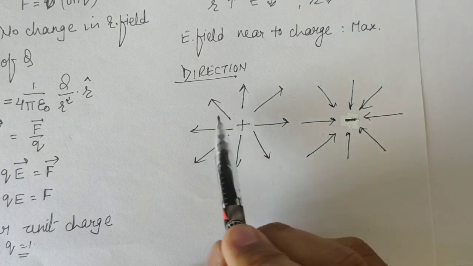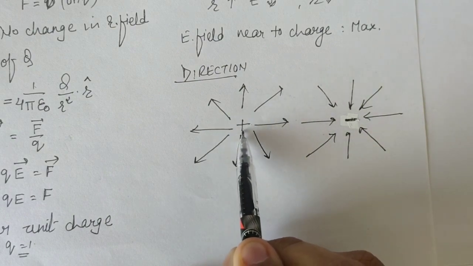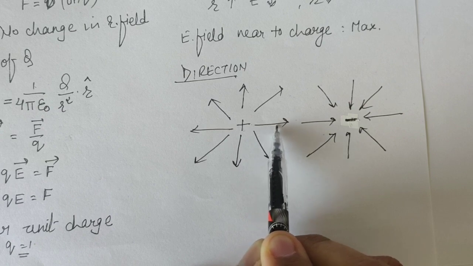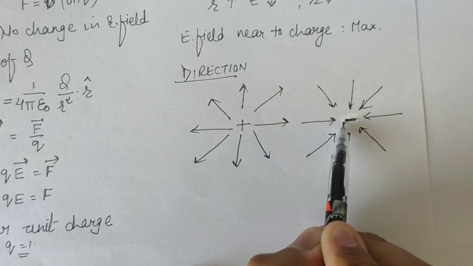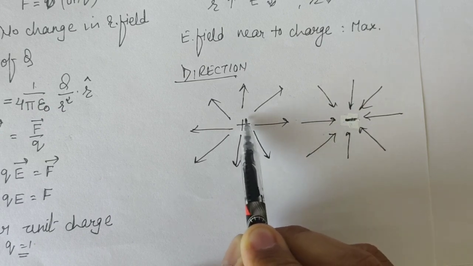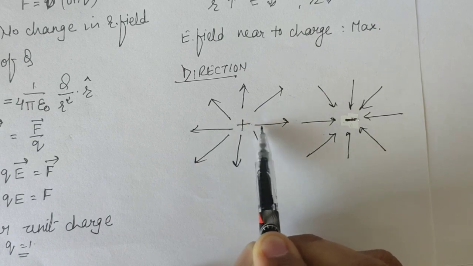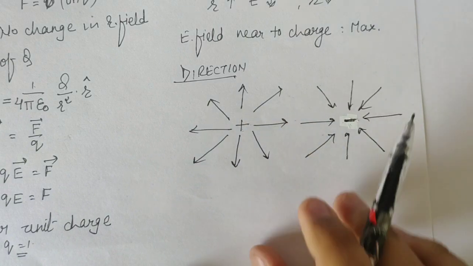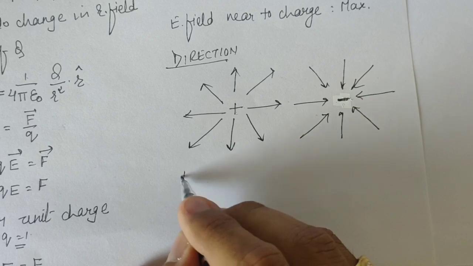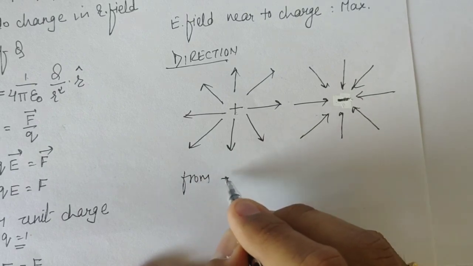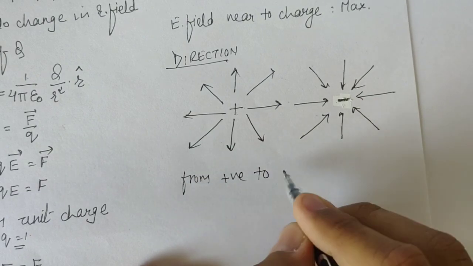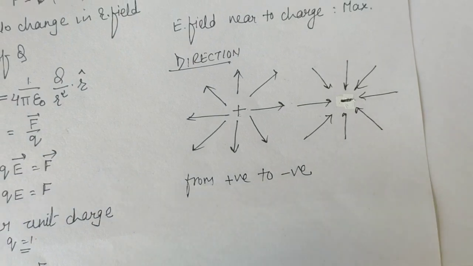So the field emerges from the positive charge and enters the negative charge. If two charges, one positive and one negative, are given, the resultant field direction is from positive to negative.